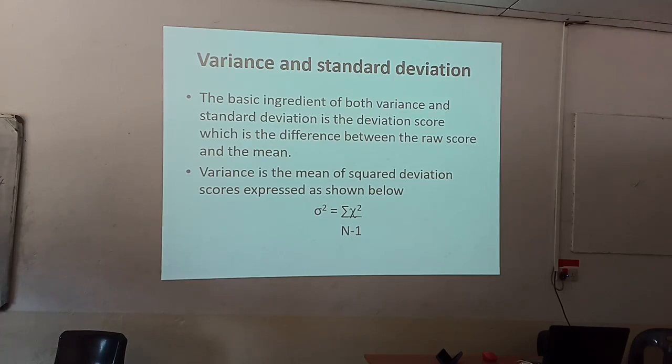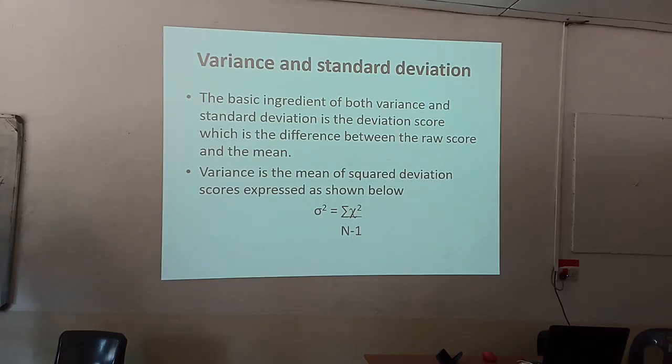Somebody say it back to me in your own language, just to make sure we are saying the same thing. We are saying that both the variance and the standard deviation are based on the mean as a point of reference, and the computation uses what we call deviation scores.